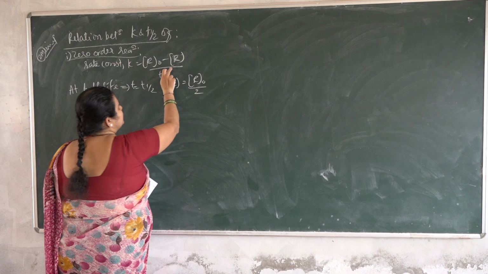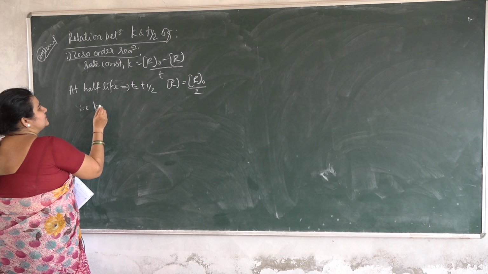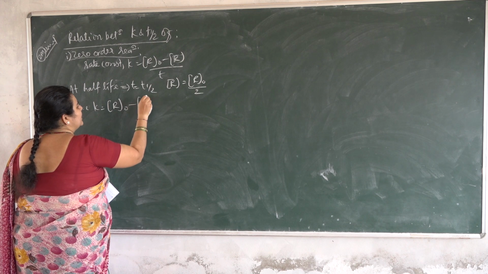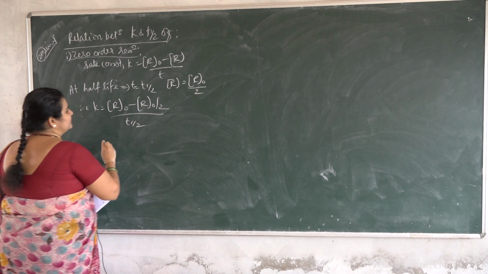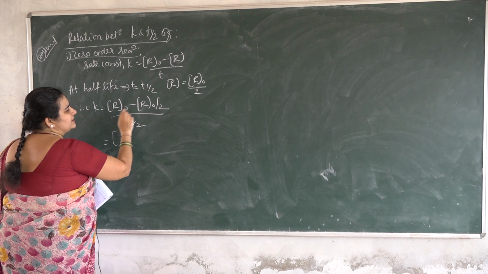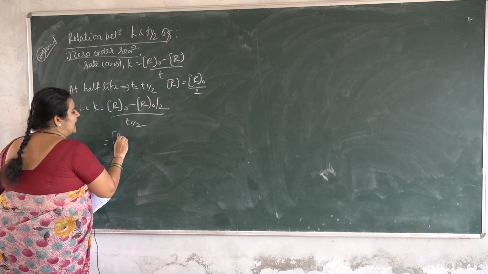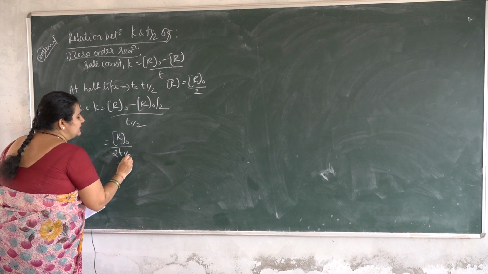Substitute this condition in this equation. K = ([R]₀ - [R]₀/2)/t half, or K = (2[R]₀ - [R]₀)/(2 t half). 2[R]₀ - [R]₀ means [R]₀, so K = [R]₀/(2 t half).